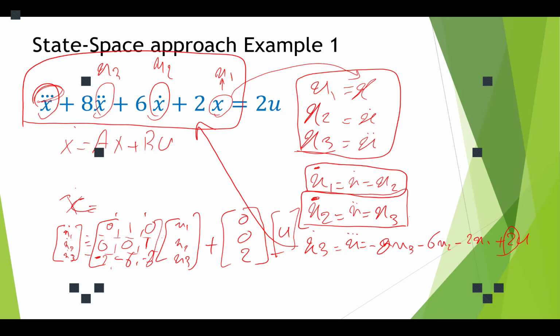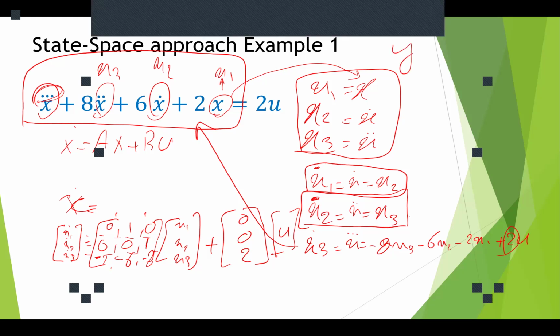Now, we said we have another equation that describes the output. Let's say our desired output is, for example, x1. We want to analyze x1. So what was the equation? The equation was y equals Cx plus Du.